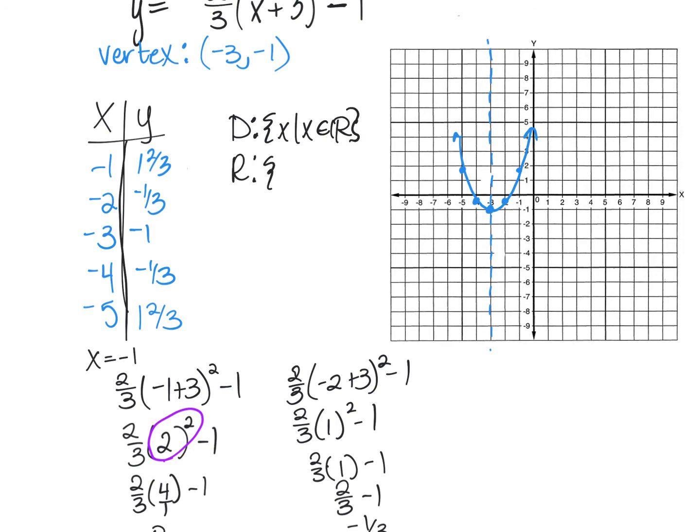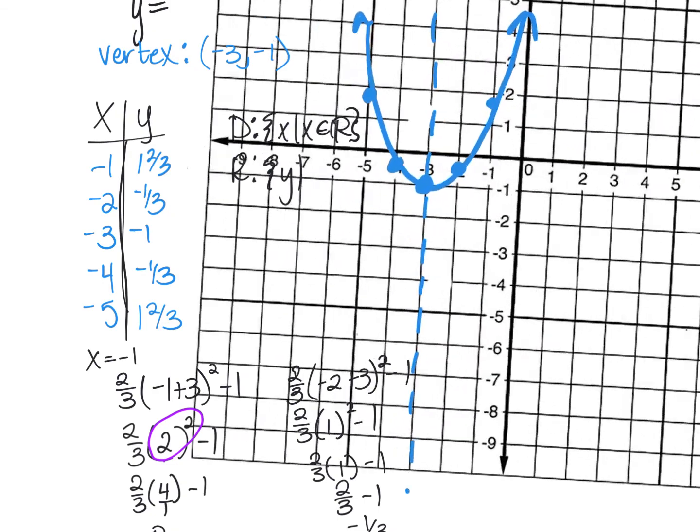Can you re-explain what to do with the 1 2/3 on the graph? Yeah, so I'm here, -1. I go up 1, and I'm estimating 2/3, right? So 2/3 is more than half, so I'm going a little bit more than half. I'm not looking for total accuracy.